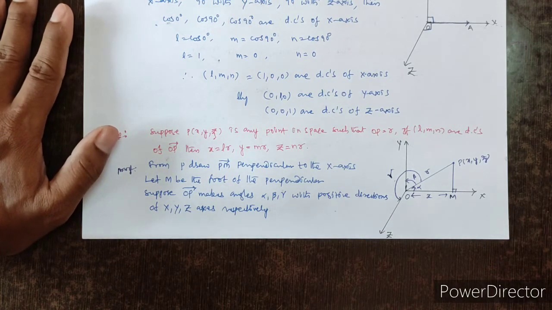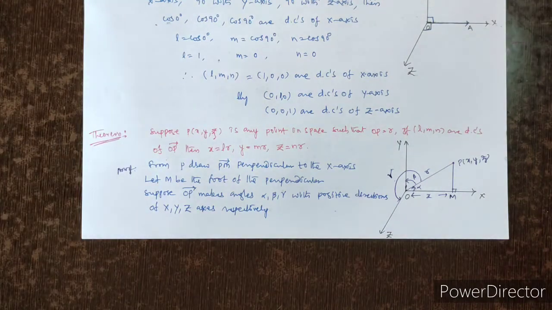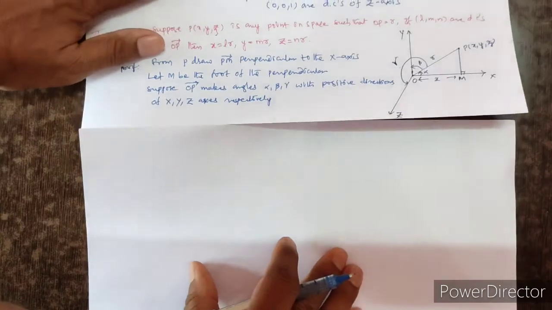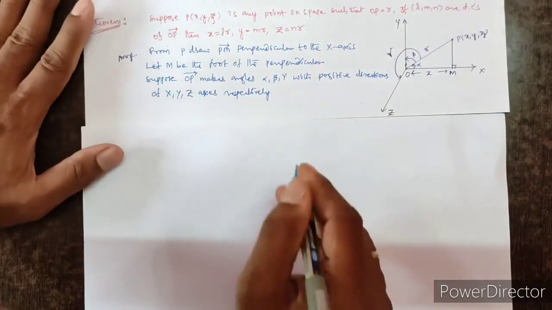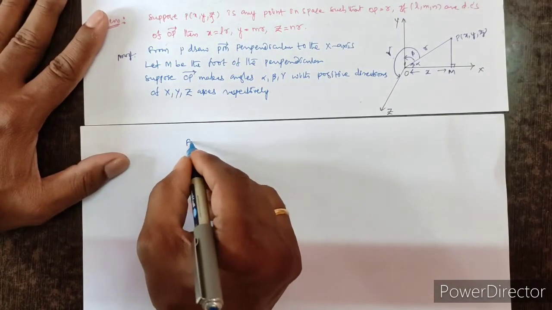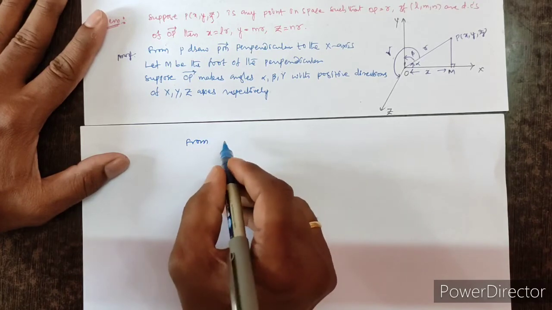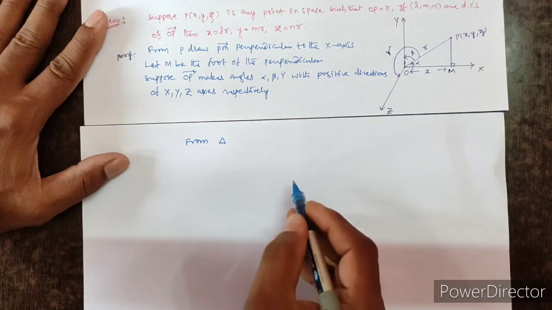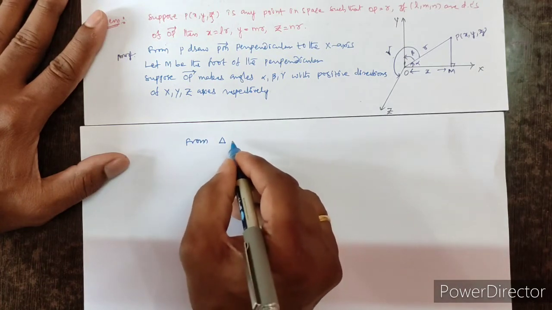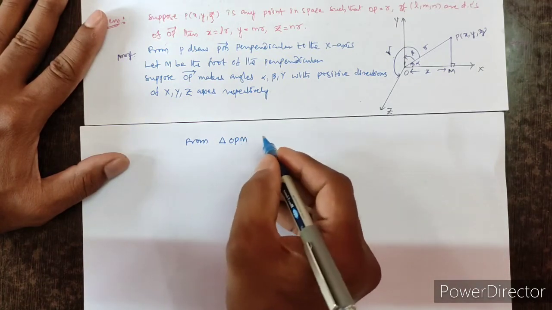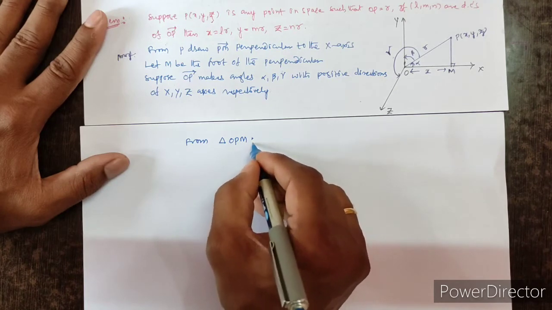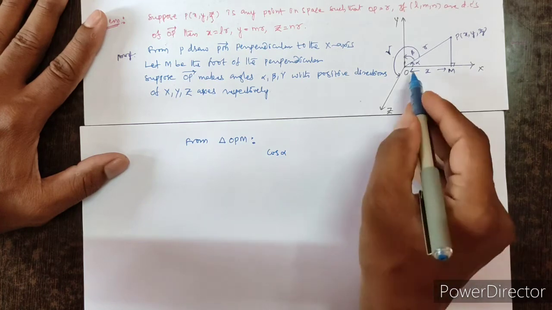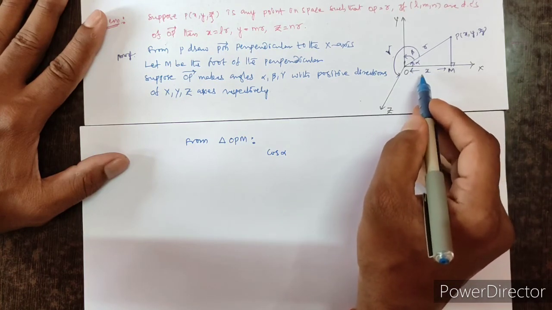From the figure, in triangle OPM, what we observe is cos alpha is what?